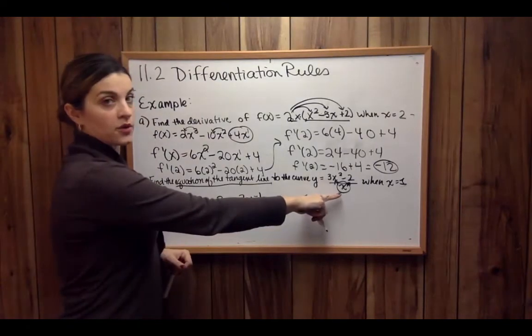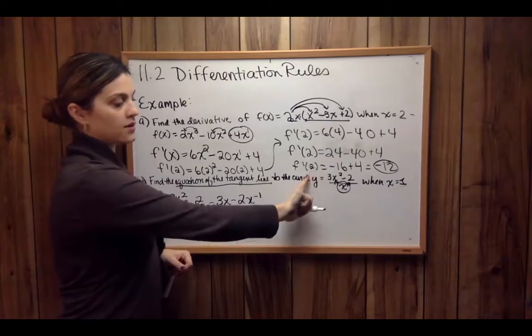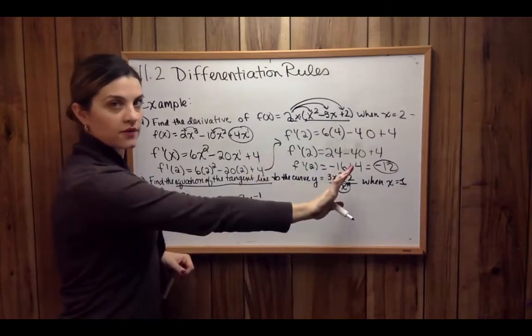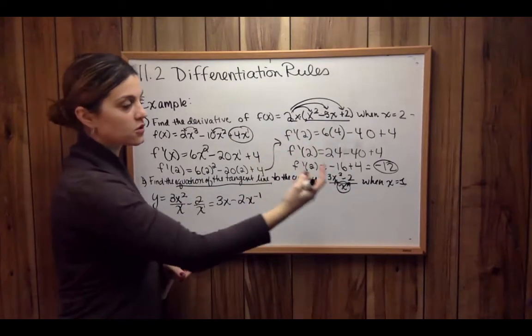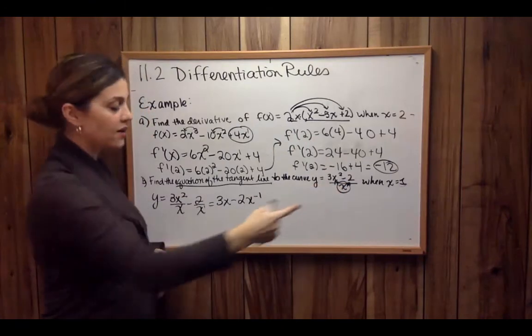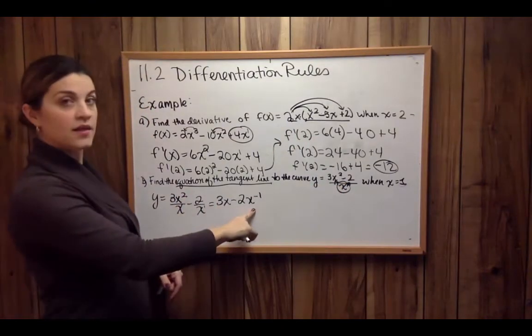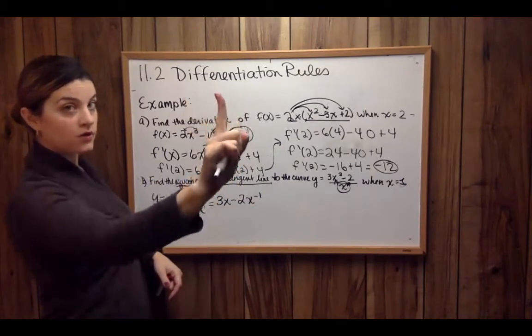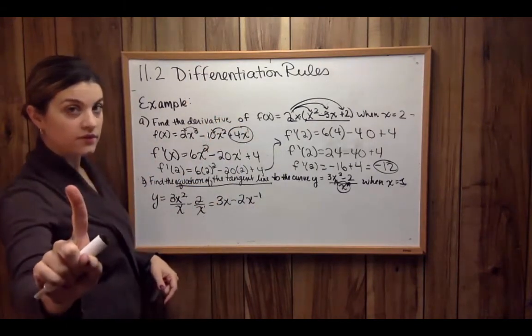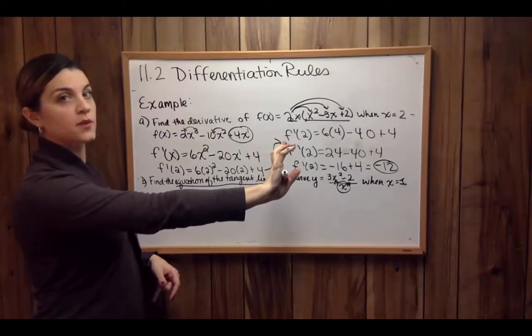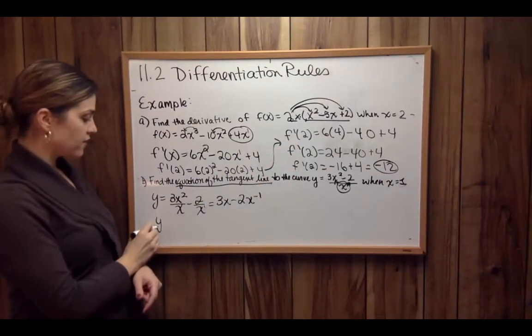You're dividing by monomial. So we can't do any of our differentiation rules that we have so far. We don't have a rule for a quotient just yet. So we have to make sure that we divide each term by the x. That brings us here. Simplify it, and this is your y, not your derivative. All you did was rewrite the expression. Now here's your derivative.